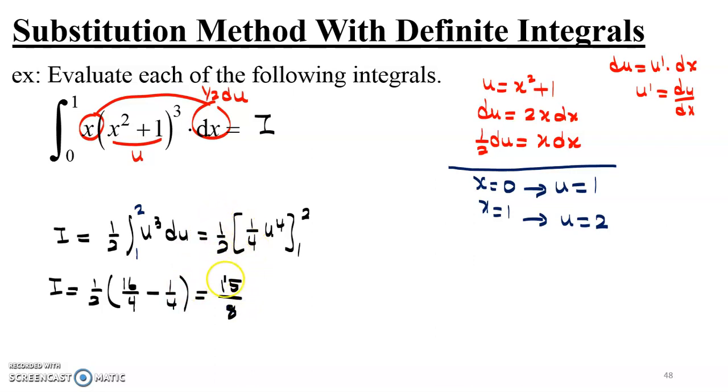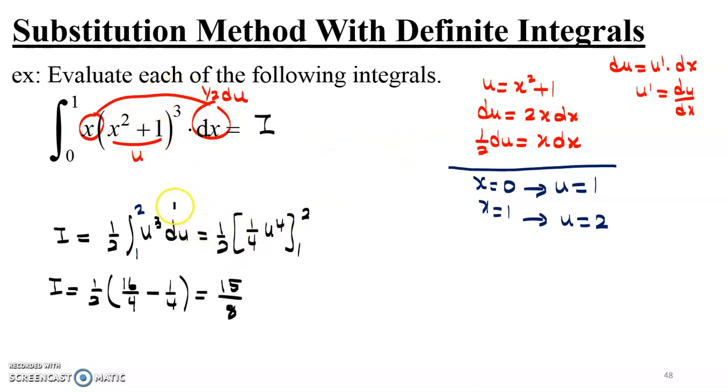So you'd notice here that by changing the bounds to correspond to the variable u, you did not really have to go back to the antiderivative in terms of x, the same way you would whenever you're using the substitution method with indefinite integrals. With indefinite integrals, if you did not have bounds, after you have found the antiderivative, 1/8 u to the 4, you'd have to replace u back by its expression in terms of x to give the antiderivative in terms of x.